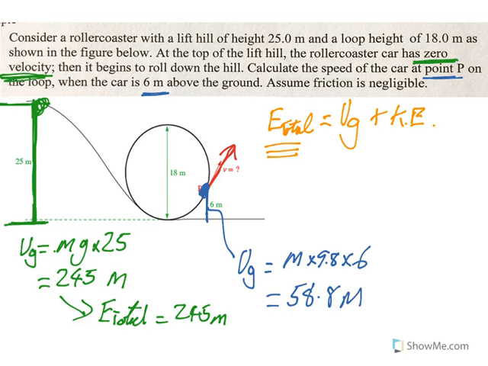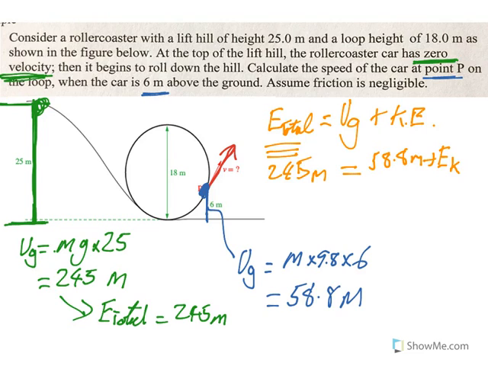Back up here to our orange one, our total energy has got to be 245 m, and that's got to be equal to the gravitational, 58.8 m, plus the kinetic, because energy is not created or destroyed.